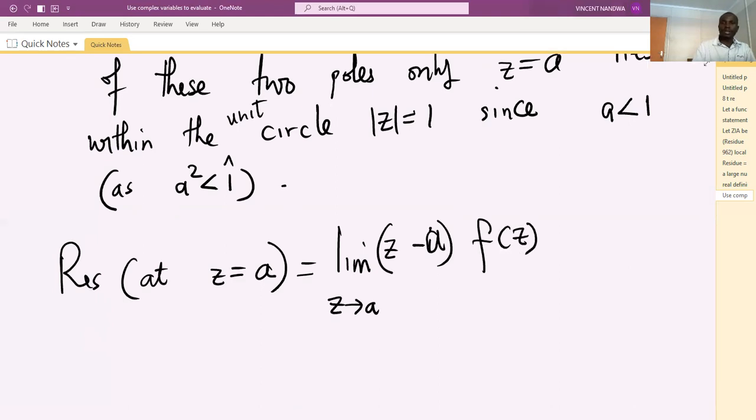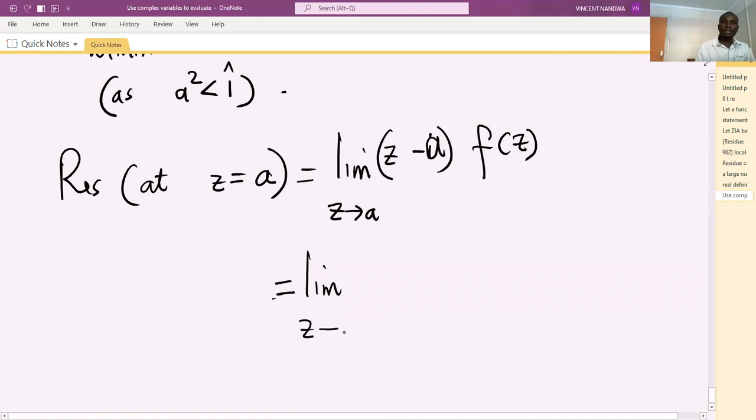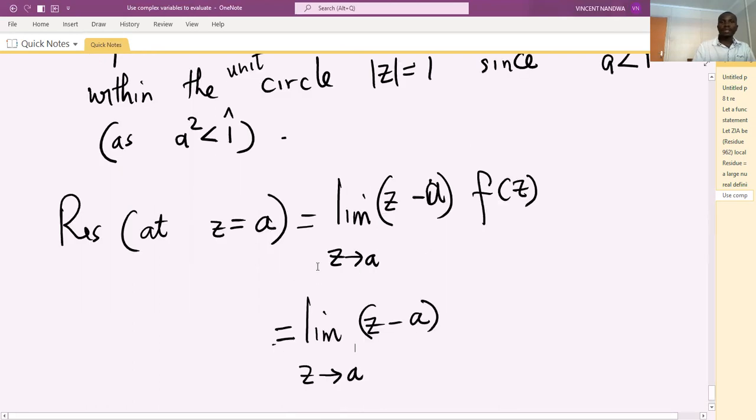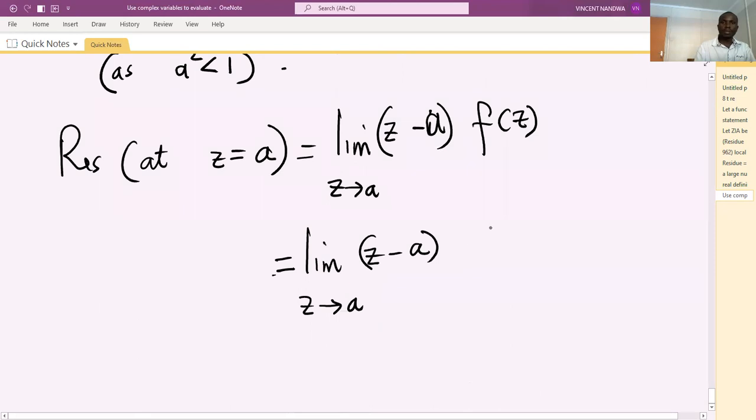So this is the same as the limit as z approaches a of z minus a, times the function f of z, which is minus z squared i divided by 1 minus az times z minus a.